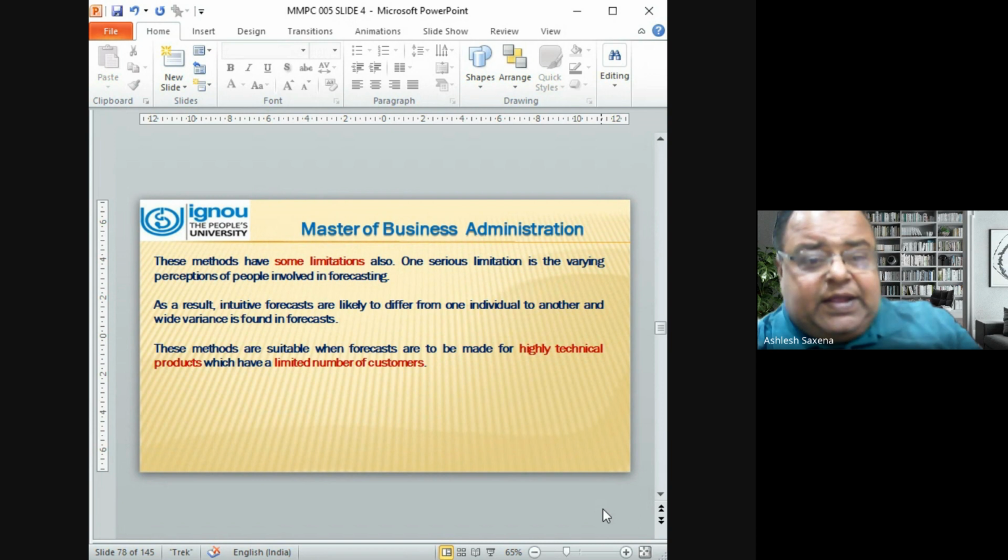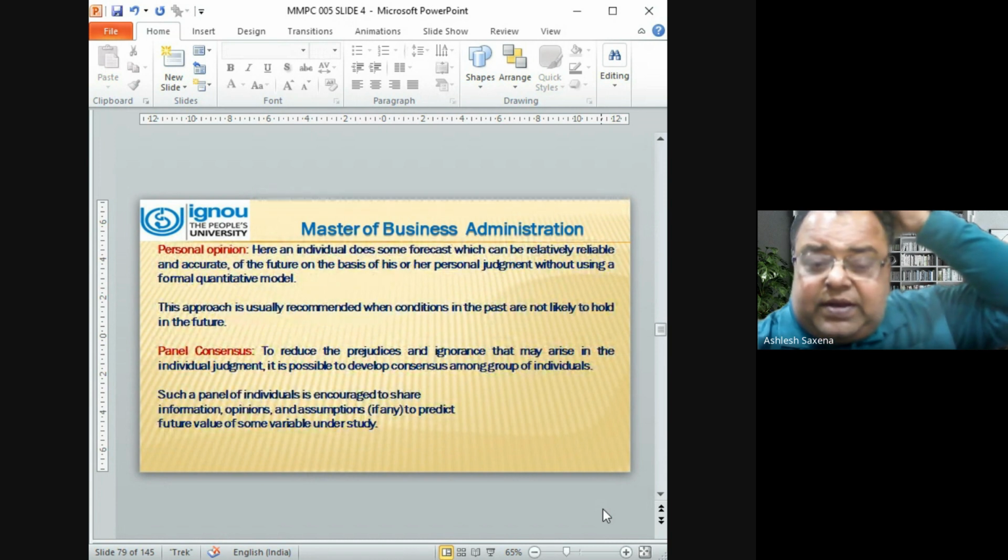As a result, intuitive forecastings are likely to differ from one individual to another, and wide variance is found in the forecast. These methods are suitable when forecasts are to be made for highly technical products, which have a limited number of customers.